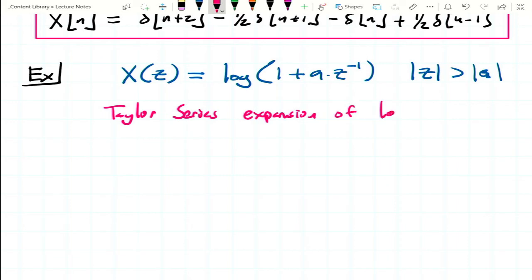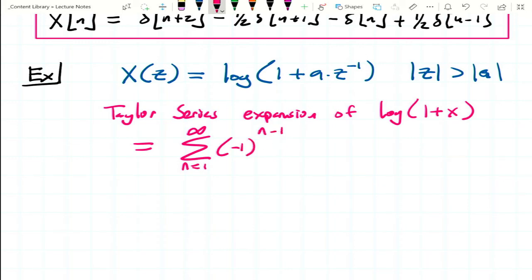They didn't teach it to you just for fun. The Taylor series expansion of log of 1 plus x is equal to the series n equals 1 to infinity of negative 1 to the n minus 1 times x to the n over n.